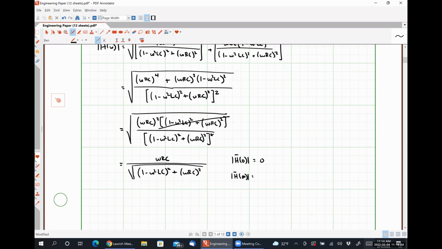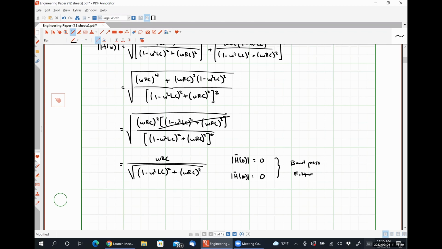So we're going to have effectively infinity over the square root of infinity squared, which is also 0. So from this, we can see that very low frequencies are being attenuated and very high frequencies are being attenuated, which means that this guy is a band pass filter.